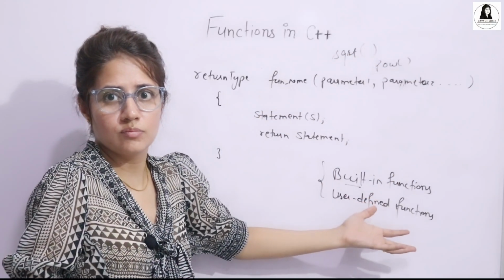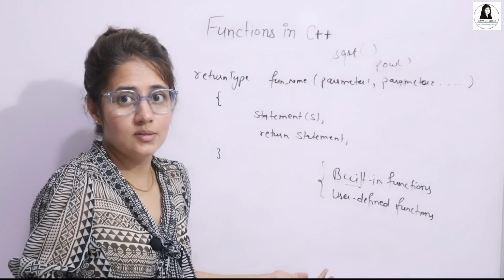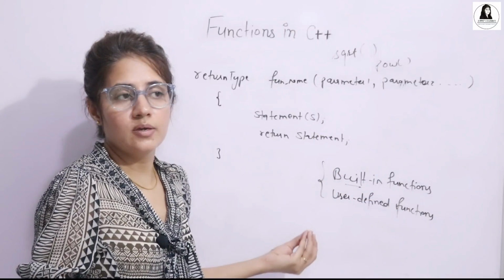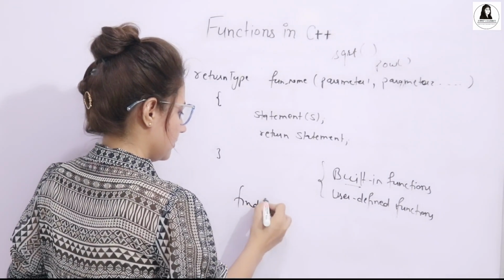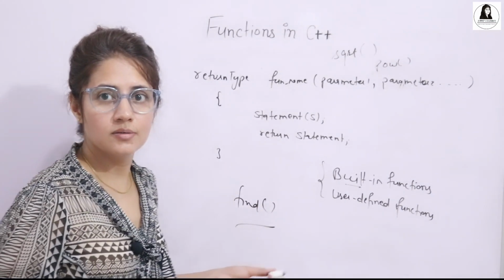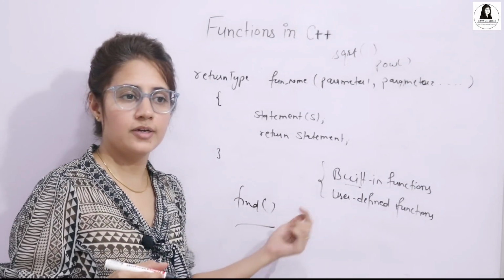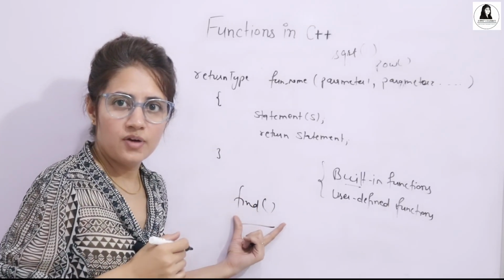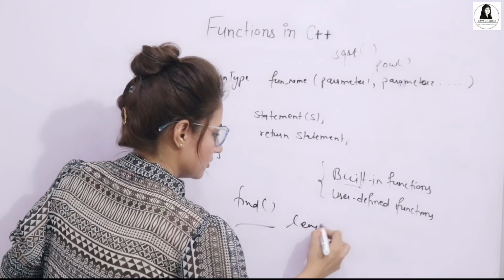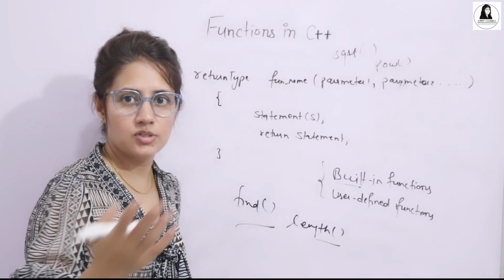We don't need to know. We just use this, right? Like when you were using strings, the member function find is going to find any character or a substring. So you just use this find function, or you just use the length function to calculate the length of a string.